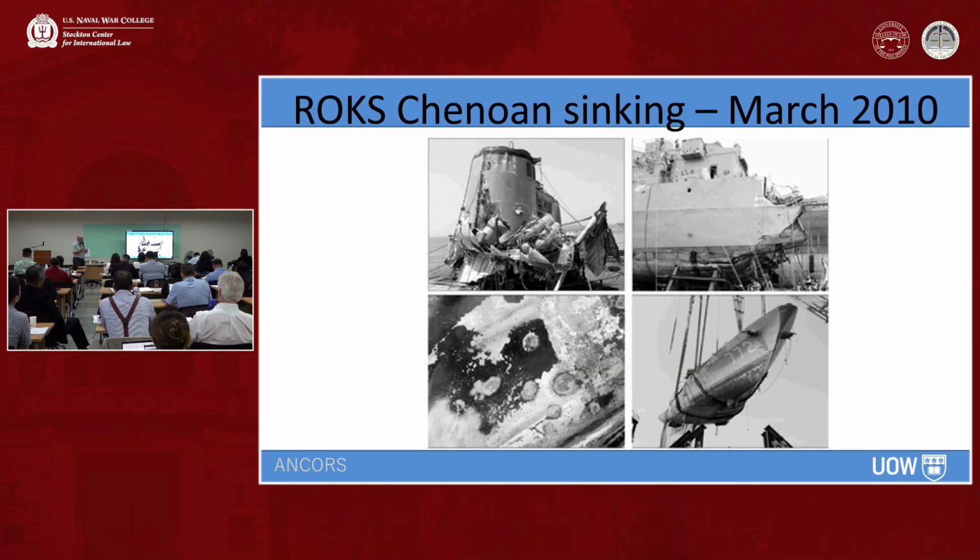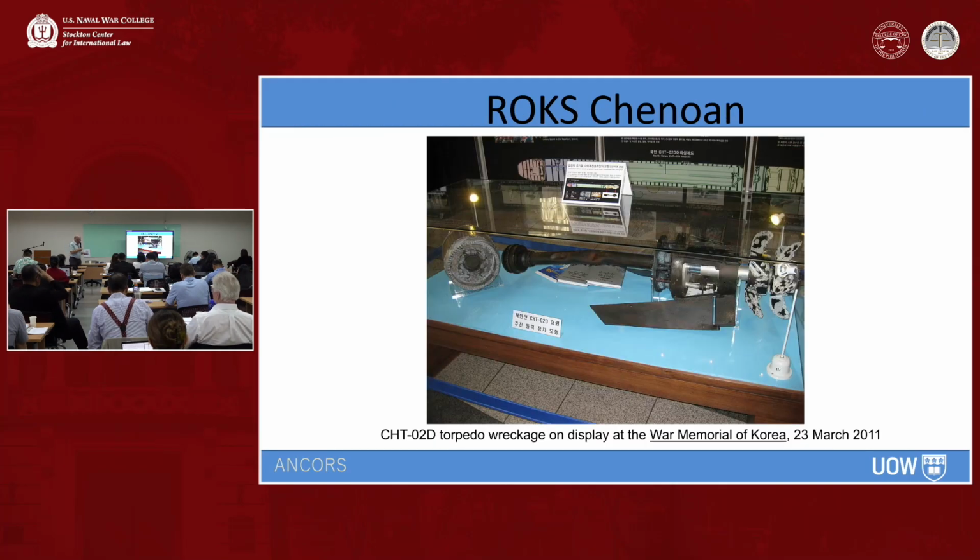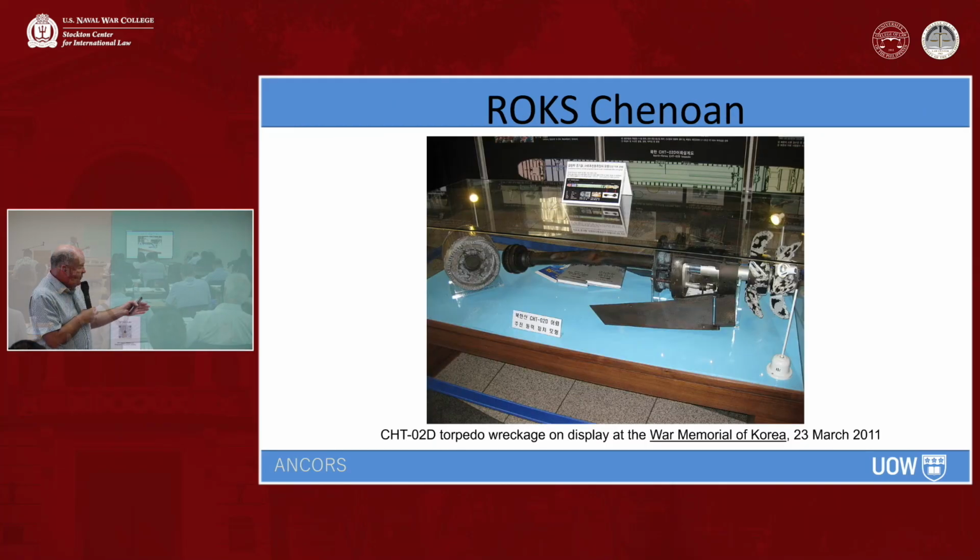This one, more recently still, the Korean vessel Cheonan sunk 15 years ago. Commonly thought to have been a North Korean torpedo. So here, I got this off the internet.